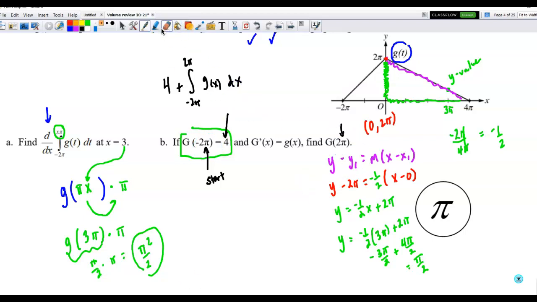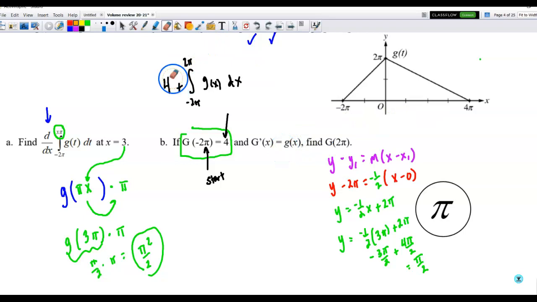So let me erase some of the markings that I have on my diagram over here. All right, so I have 4 units of area already accumulated, so there's my 4, plus the bounds are in order, so we're going to go from negative 2 pi, so I see the area of a triangle, so that is 2 pi by 2 pi, which is 4 pi squared, divided by 2 is 2 pi squared.